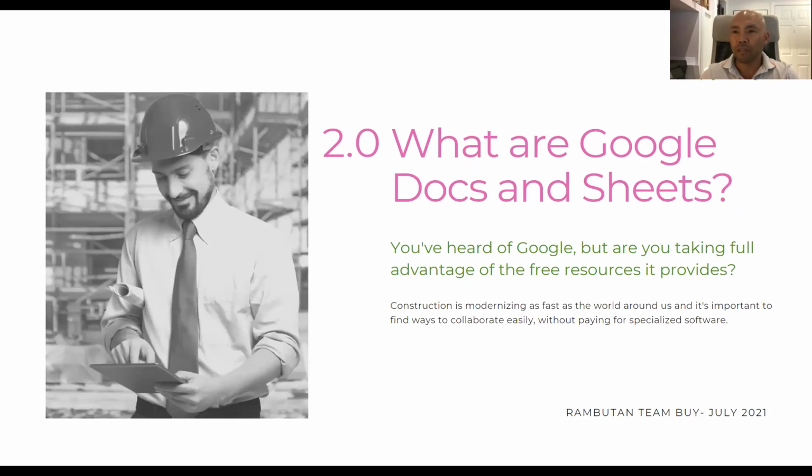So what are Google Docs and Sheets? If you've heard of Google, are you taking full advantage of the free resources it provides? Construction is modernizing as fast as the world around us, and it's important to find ways to collaborate easily without paying for specialized software, hence Google Docs and Sheets.